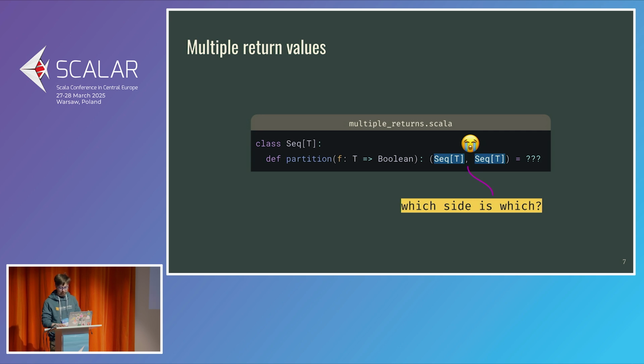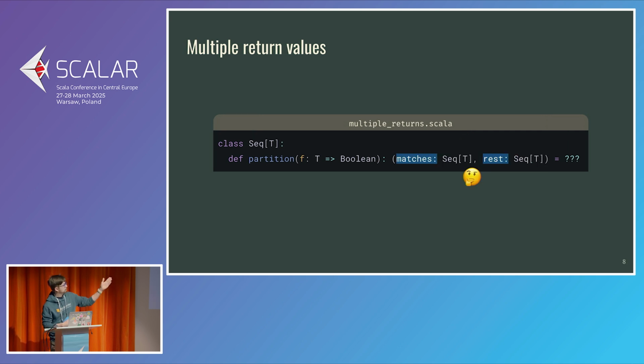And with the named tuples, we can now add labels to each side of the multiple returns, so we can tell exactly which is what. So, now I know it's the left that is the matches. Before you'd have to look at the documentation, but now, if you hover on the type in the IDE, then it just tells you.